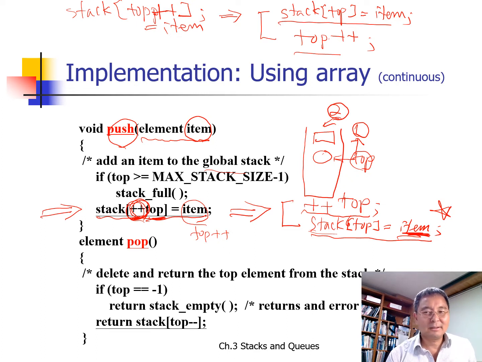Okay, let's go on to the pop. Pop deletes the data from the stack. Okay, delete and return the top element from the stack. That's the pop operation in stack. Okay, and here return stack, and the top minus minus.